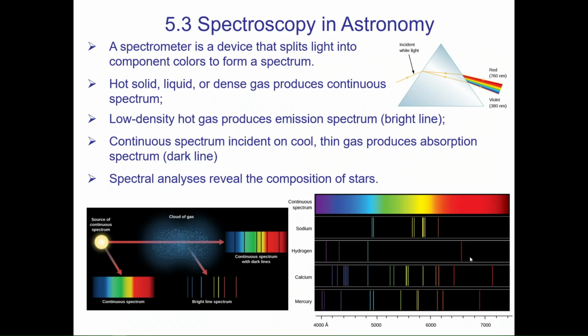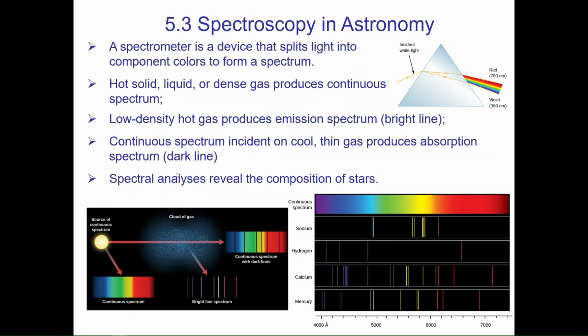You can see the bright lines of red, blue-green, and two violet lines. If you look at the absorption spectrum of hydrogen, you will see the background is a continuous spectrum, and the dark lines appear exactly at the locations of the emission lines. That only means this color is missing. So therefore, it is the same as the emission spectrum.